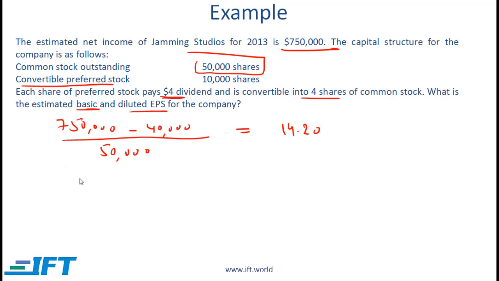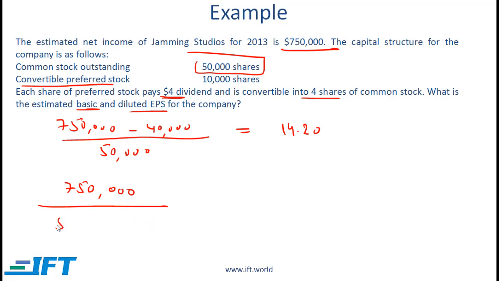What then will happen to the numerator? We have a net income of 750,000, and obviously if the preferred shares are converted, then we do not need to pay any dividends to preferred shareholders, so the minus 40,000 goes away and we are simply left with 750,000, but the denominator is going to go up.